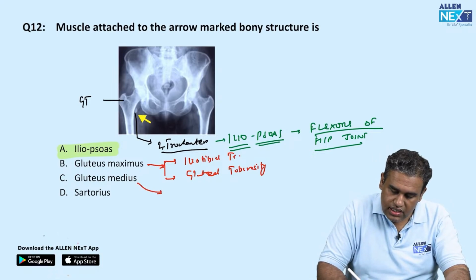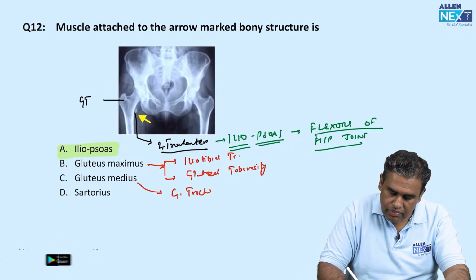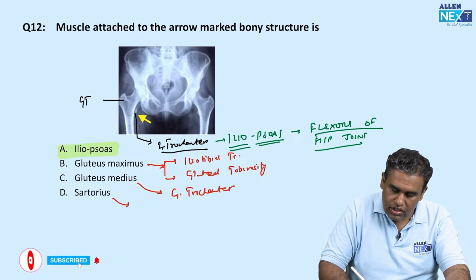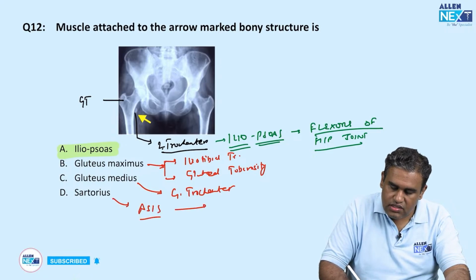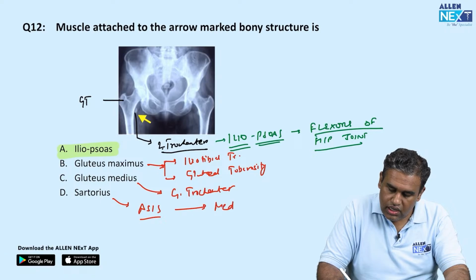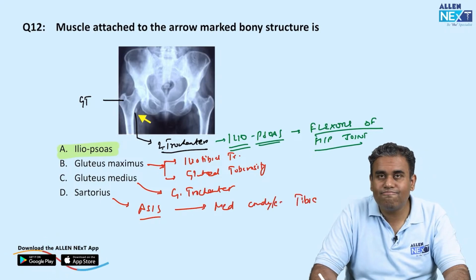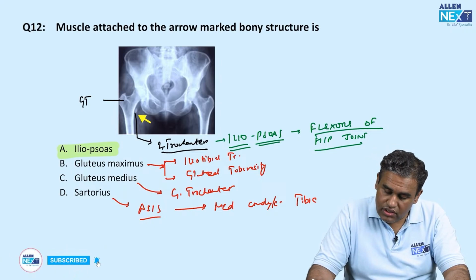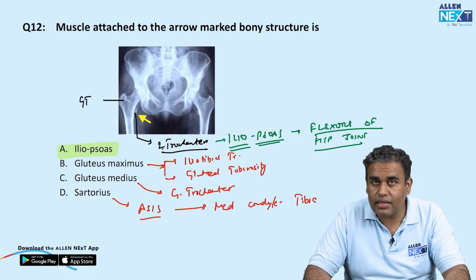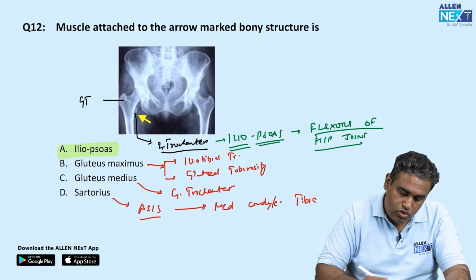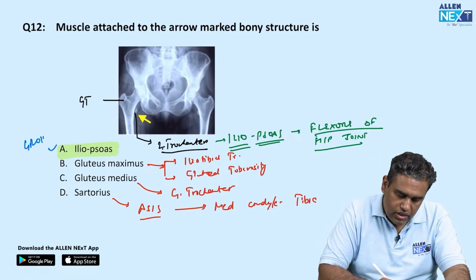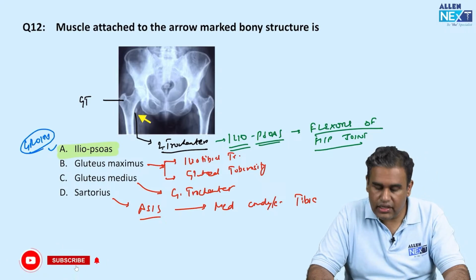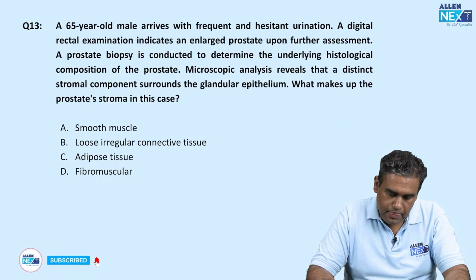The gluteus medius is attached to the greater trochanter, not the lesser one, and the sartorius arises from the anterior superior iliac spine and goes down to the medial condyle of the tibia. So obviously not these. The answer is option A, iliopsoas. It is for this reason that, in case of a psoas abscess, there can be swelling in the groin region. Let's see the next one.